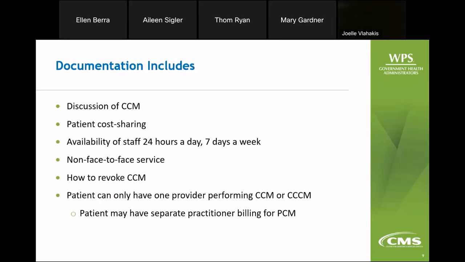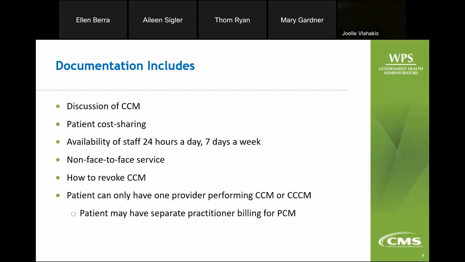You also need to discuss patient cost sharing. CMS does not have the authority to waive patient cost sharing for this service. Medicare allows anywhere between $48 and $125 for the service, depending on which of the services you're providing. The patient is going to have deductible and coinsurance for that.